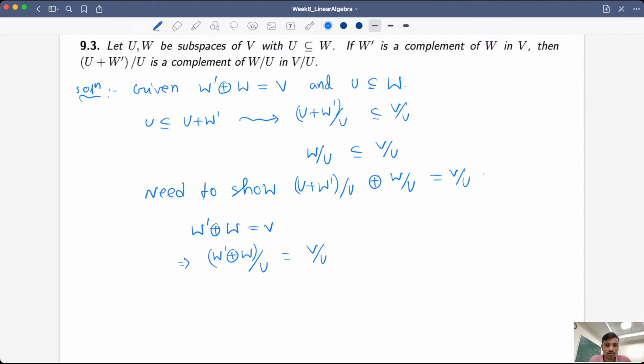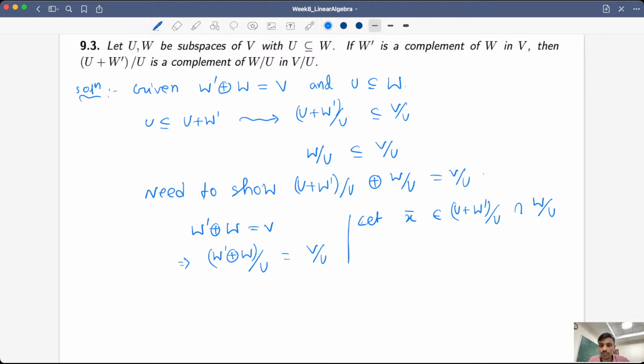Now for the first, let's see why this intersection is empty, I mean zero. So suppose something x mod u, or I can just write it as x bar, belongs to u plus w prime mod u intersection with w mod u.